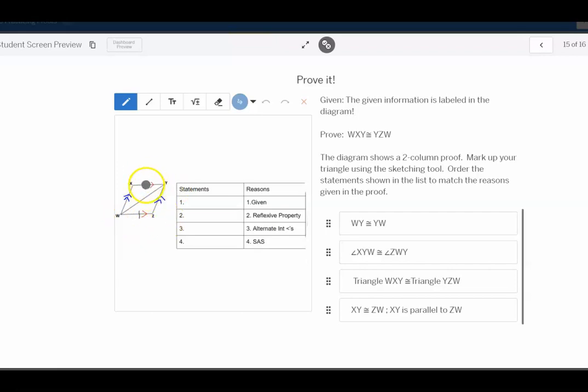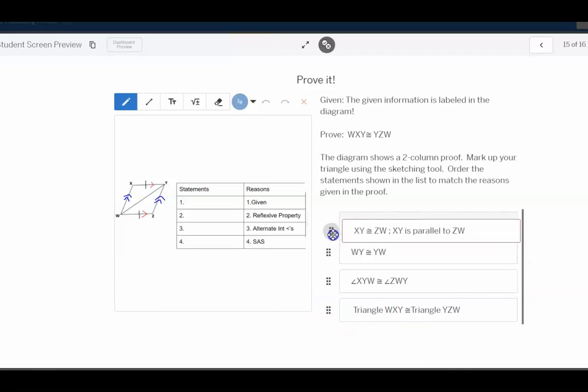And then you can also see that these little hash marks tell us that XY is congruent to ZY. So that is going to be my given up here. There's actually more given information than they told us, but that's okay. So we're going to leave this one up here.